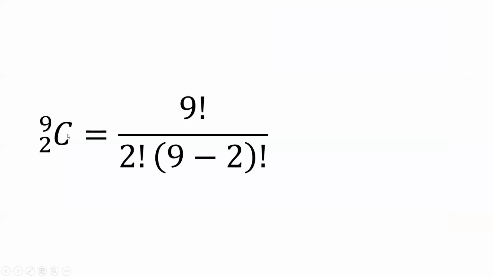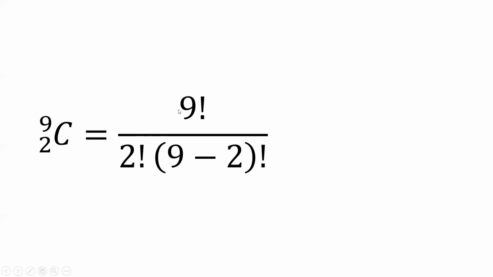Here it is. It's 9 choose 2. That's how we read that, 9 choose 2. And you just take 9 factorial, you divide it by 2 factorial, and then you divide it by the factorial of the difference. And you could probably do this in your head because 9 minus 2 is 7. 7 factorial is 7 times 6 times 5, etc. And if you take 9 factorial and divide it by 7 factorial, everything from 7 down gets canceled when you're looking at the numerator.